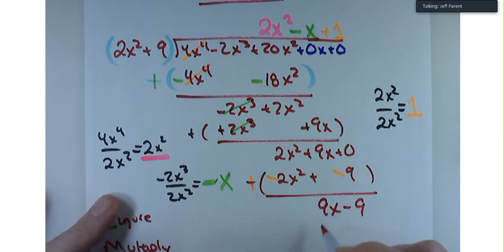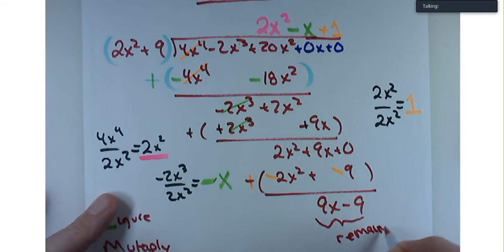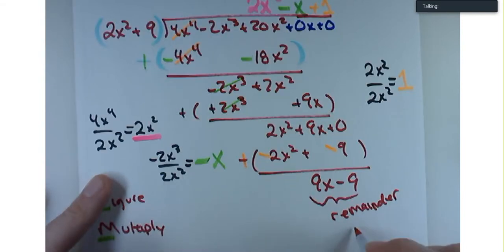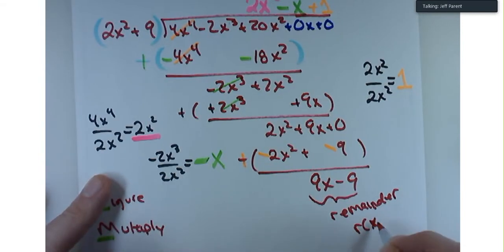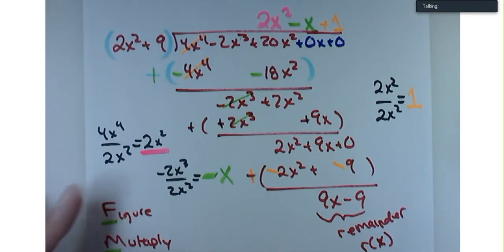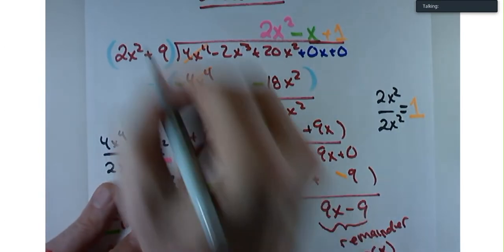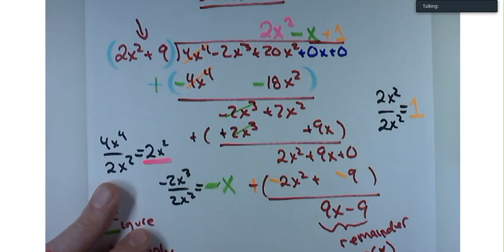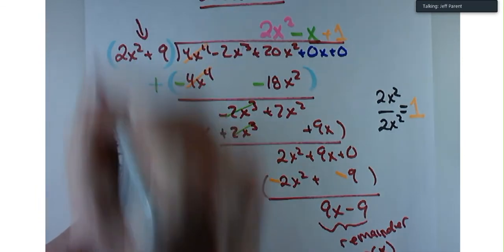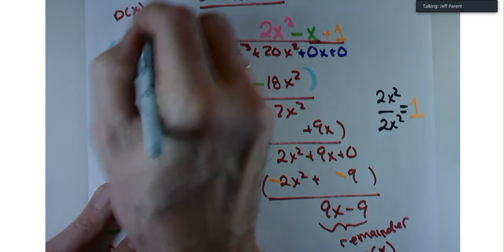This part right here is your remainder, so-called R of x. This part here is your divisor, so-called d of x.